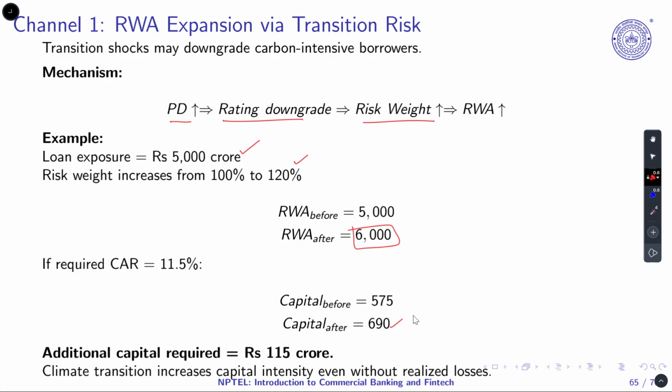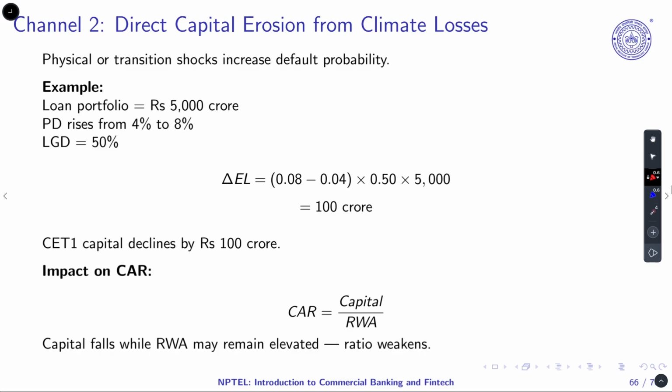The additional capital that we require is nothing but 90 plus around 25 extra. So this is how it leads to 115 crore, right? Which means that the capital transition increases. So here you can think in terms of building up the scenario. So here we have the scenario given.